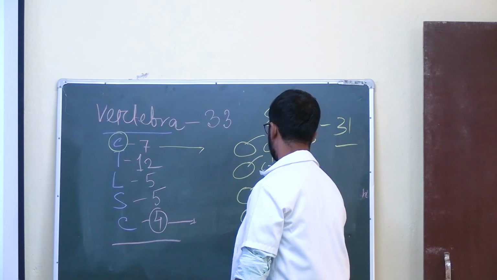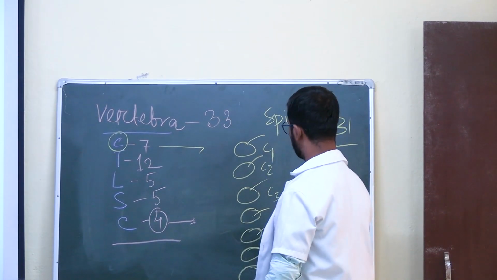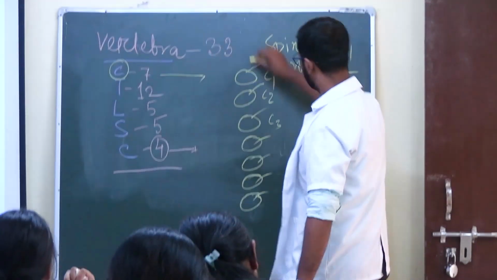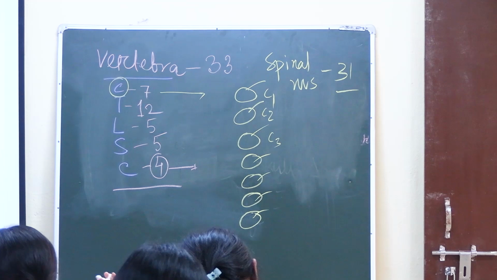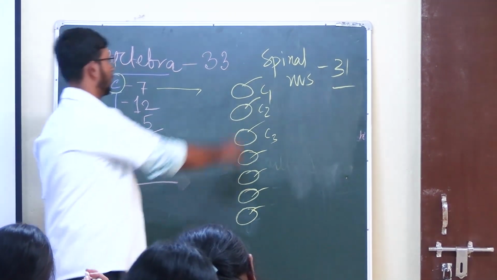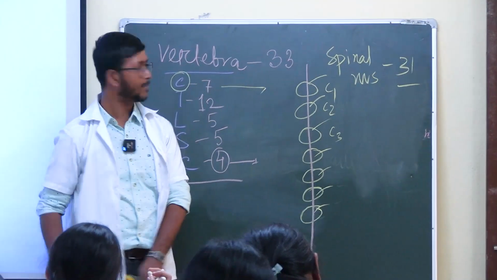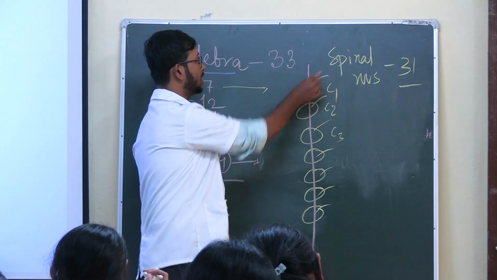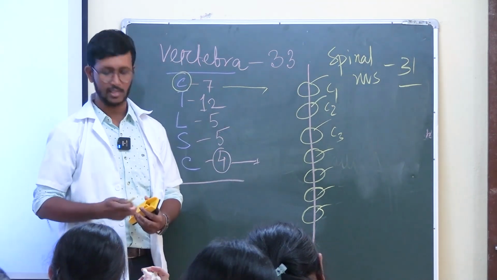Similarly C4, C5, C6 and C7. Suppose this is your spinal cord passing like this through the vertebral foramen. From each of them, these 1, 2, 3, 4, 5, 6, 7 spinal nerves arise.